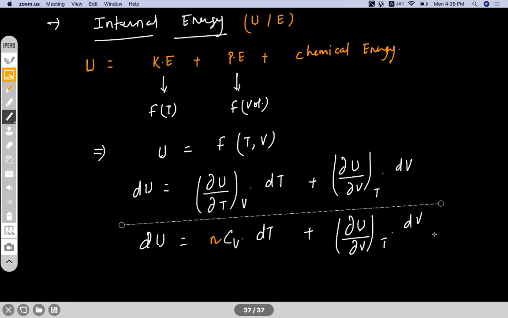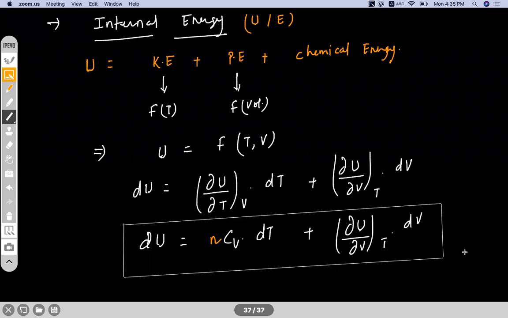Have you seen this formula before? What is the change in internal energy formula?